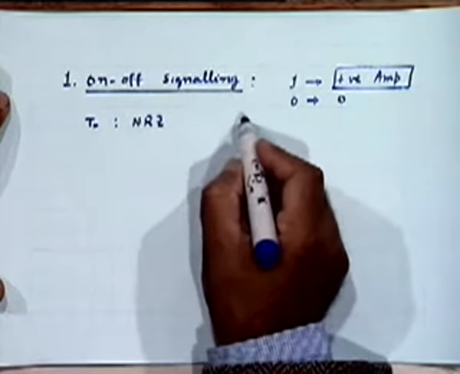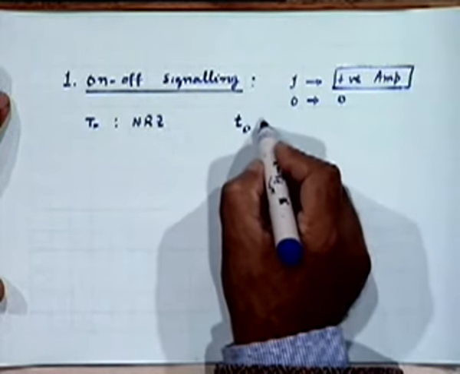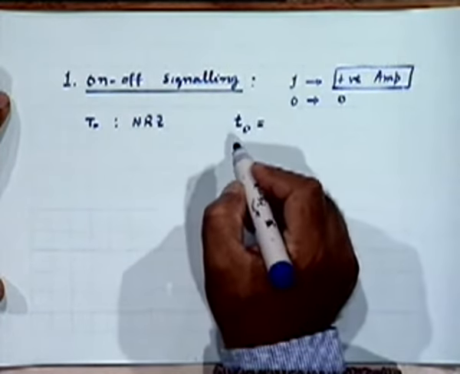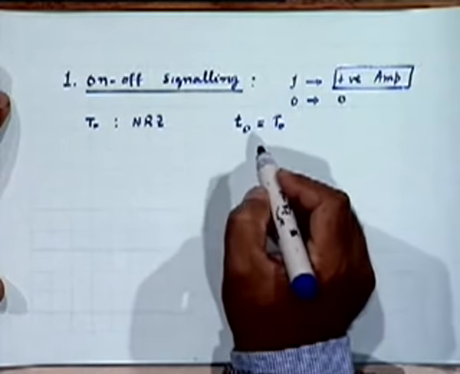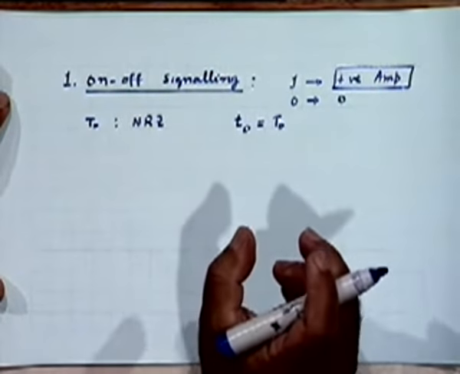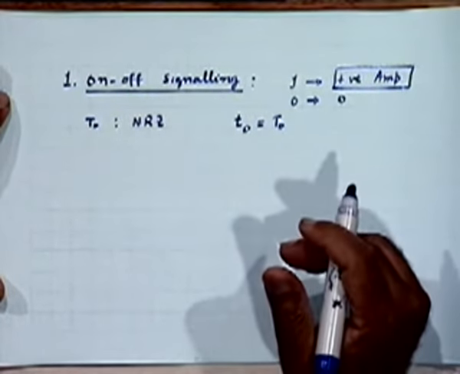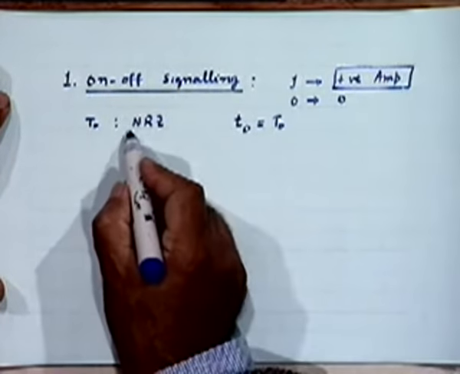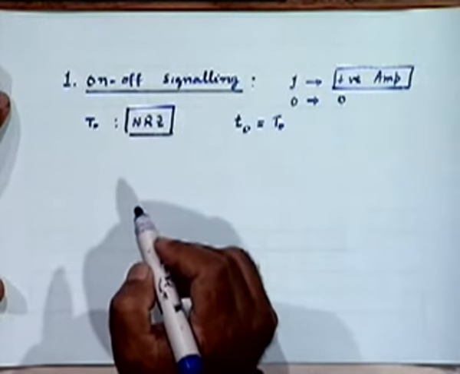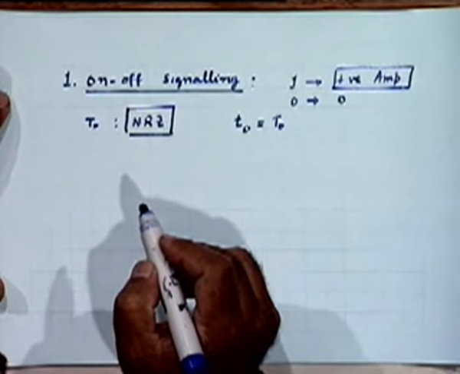That is, if your pulse duration Tp is taken to be equal to T0, during a 1 we are not returning to the 0 level, and that is what we call a non-return to 0 signaling scheme.